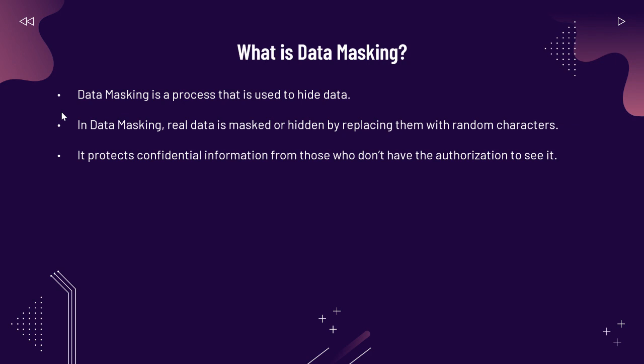It protects confidential information from those who don't have authorization to see it. I'm not going to expose my data to everyone who is not relevant. But in some cases, we want to share the data, and I'm going to share it by data masking.